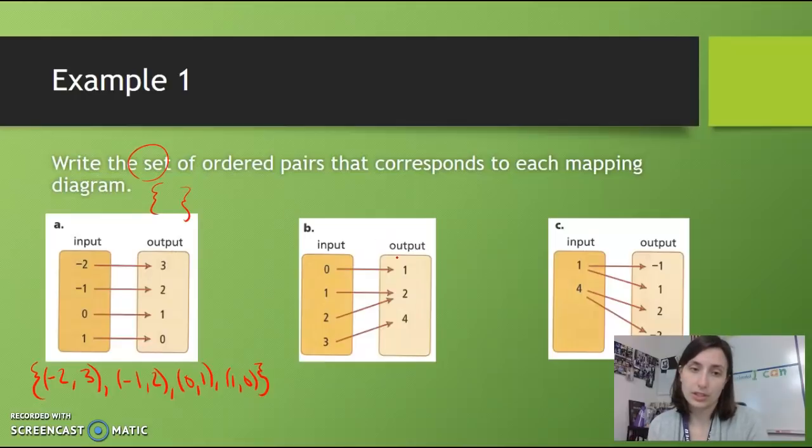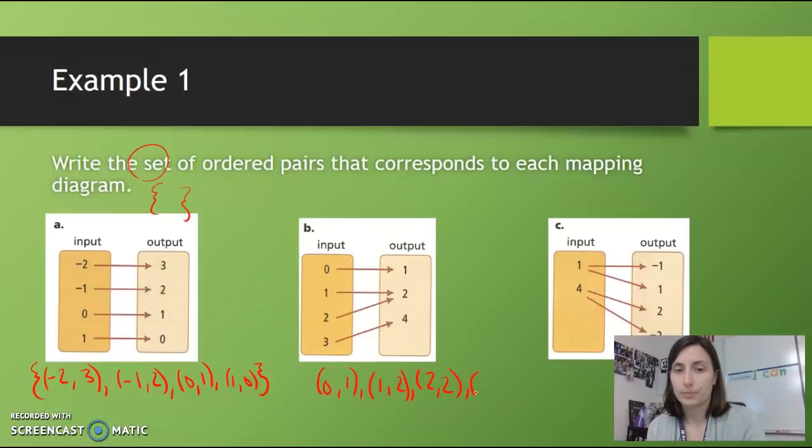So now moving on to example B. Again, I'm going to start here, 0 points at 1, so 0, 1. My next point is 1, 2. And then we have 2, 2. And then 3, 4.